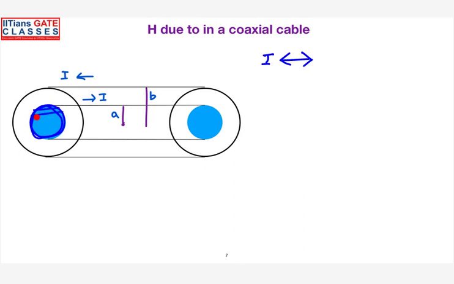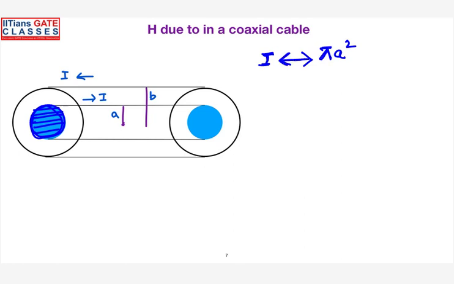The inner conductor has a radius of a, so the cross-sectional area of the inner conductor will be pi r square, where r is nothing but a here. So I is the current enclosed in a loop area of pi a square.